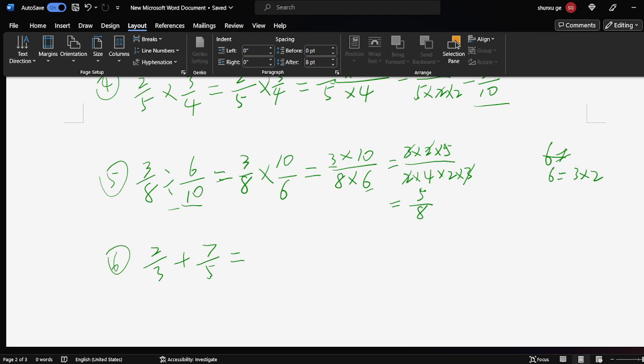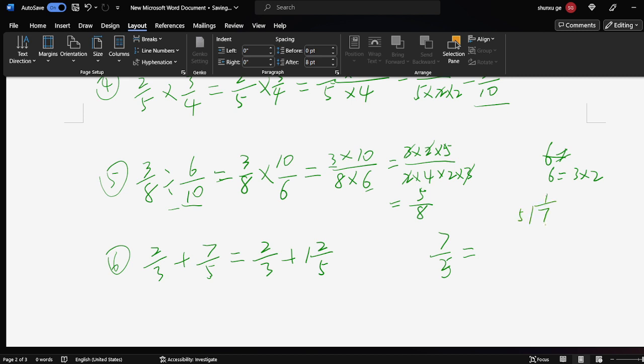So 2/3 plus this improper fraction, we change to a mixed fraction. So why do we do that? I tell you, 7 over 5 equals 7 divided by 5, which is 1.